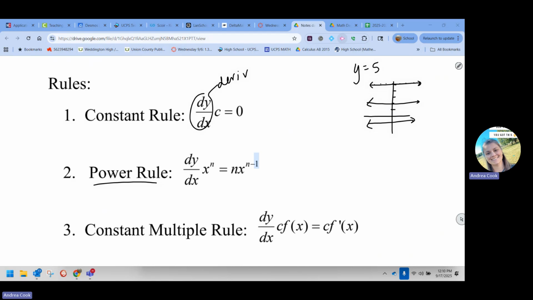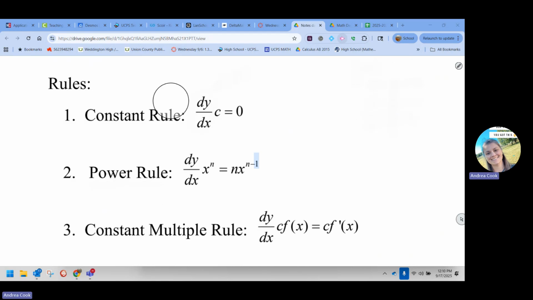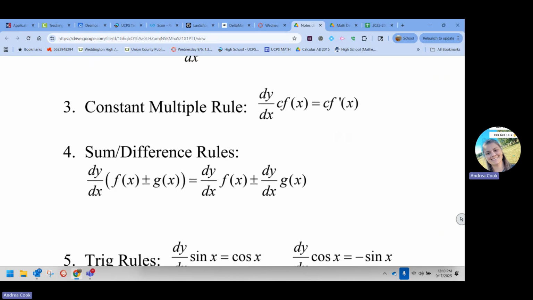Thank you. Okay, then the third rule is called the constant multiple rule. That rule says that if I have a constant that's not just by itself, but a constant times some sort of variable, whether it's a whole equation or an x squared, the constant stays with the problem and you just take the derivative of the equation or the variable part.